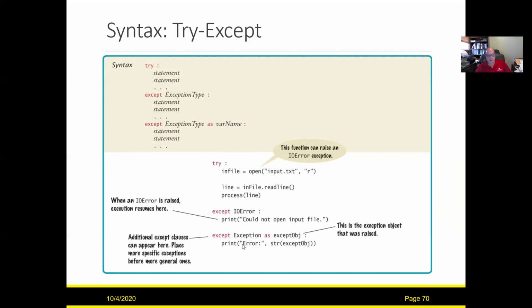And this one is going to be a generic one that we're going to be catching, and we're going to get the exception, and we can typecast the exception and see what kind of exception this is. But remember, if it does this one, it's not going to do this one. So we have to watch for the order.